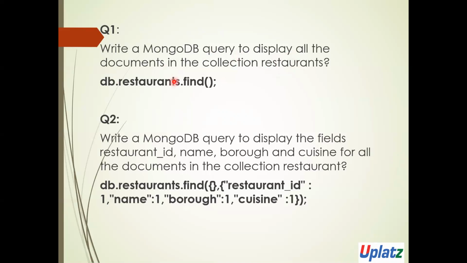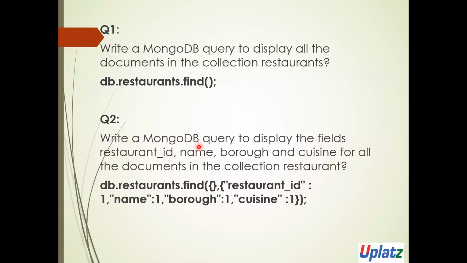So this should be my answer: db.restaurants.find. This query will give you the entire documents inside the particular collection. This part we have discussed in CRUD operations; it is the querying method in CRUD operations in MongoDB. So let's go to the next question.